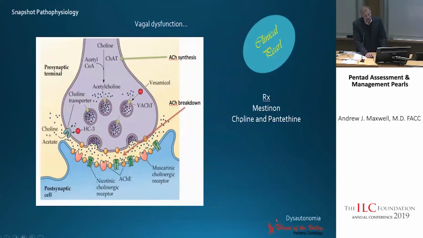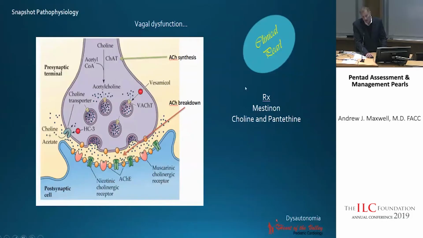I've had a lot of success also putting patients on the supplements choline and pantethine, and if you look at the pathways of production of acetylcholine, there's the choline there, but pantethine also is added into this to form acetylcholine. And so if you use somewhat large, macro quantities of choline and pantethine, you can actually get some of the same effects you see with Mestinon.